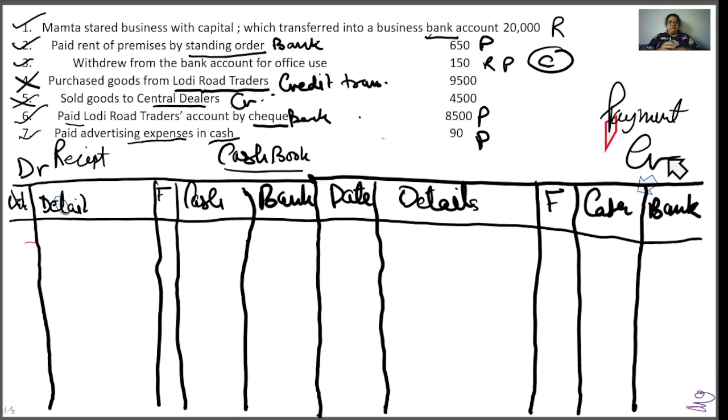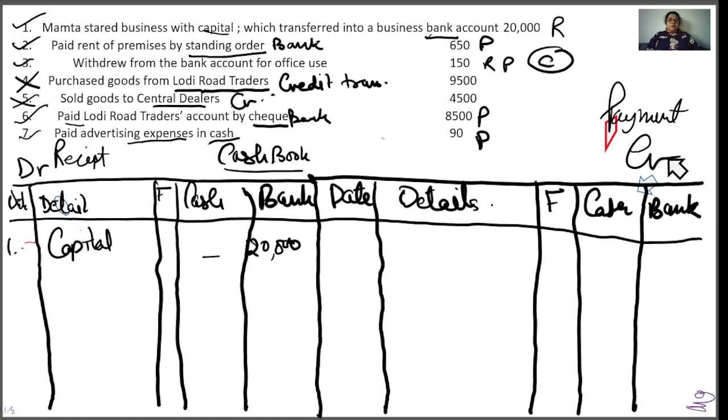So the first transaction you need to record on the receipt side. It's a capital. So on receipt, I will write capital and bank involved. So in the bank column, I will write 20,000. This makes you record quickly and easily. In cash, dash.